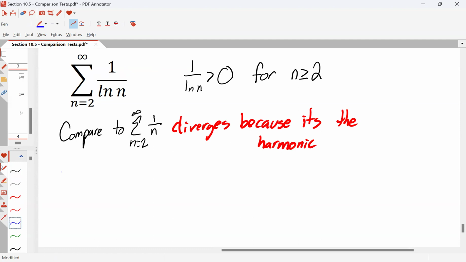Now, we run the test: the limit as n goes to infinity of what we want to know about divided by what we already know about. 1 over the natural log of n divided by 1 over n is equal to the limit as n goes to infinity of n over the natural log of n, which equals infinity by growth rates.